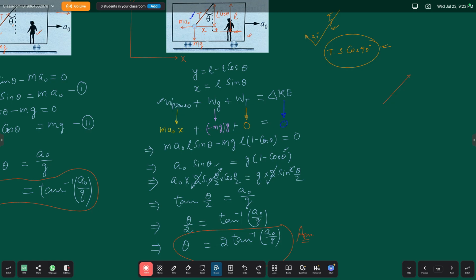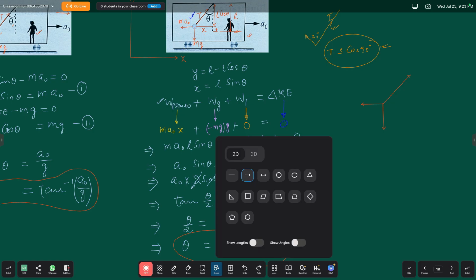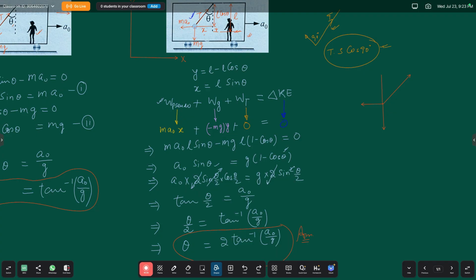This is T, this is mg, pseudo force m a naught. Angle was theta.